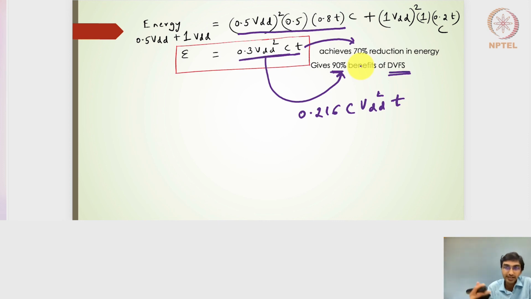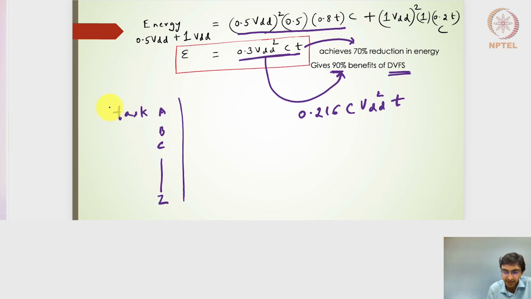Now the designing of the rails actually comes from the characteristics. So for a particular design, suppose we have n number of tasks: task A, B, C, and so on. And suppose we have rates to be designed: let's say 0.6 is the rate for task A, 0.5 is the rate for task B, 0.75 for another, and so on.